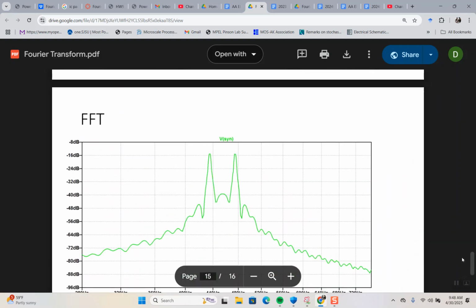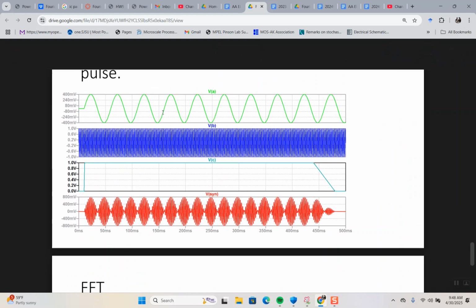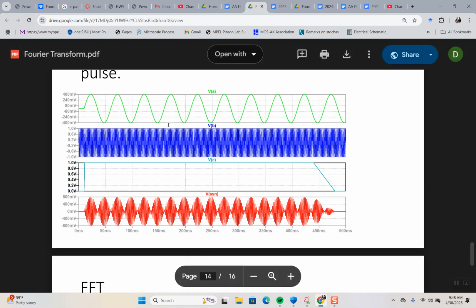This is an example that comes with LTspice, if you have one sine wave times another, right? We're going to go over this later, but you get another sine wave. You get two sine waves at two different frequencies because these frequencies are different.